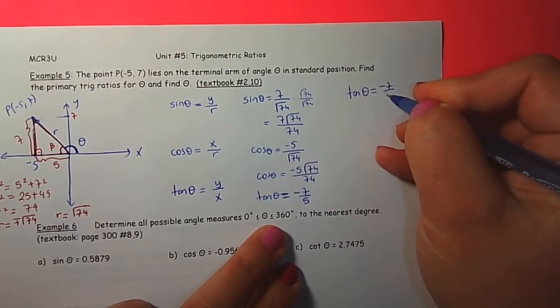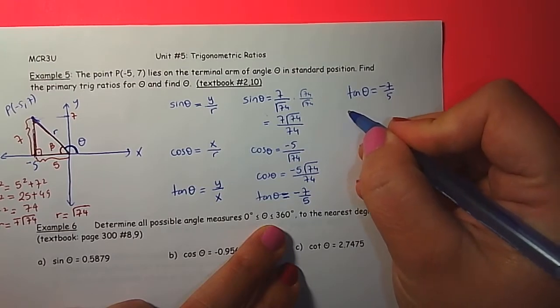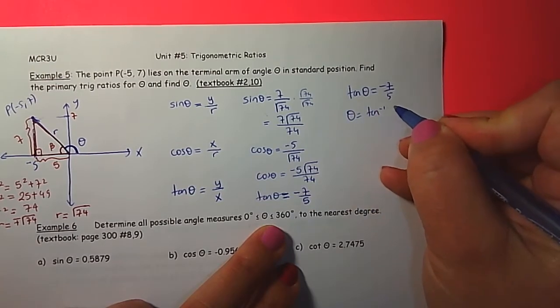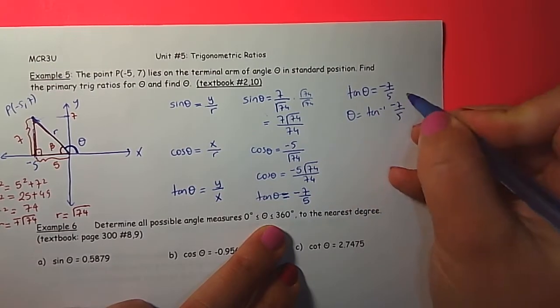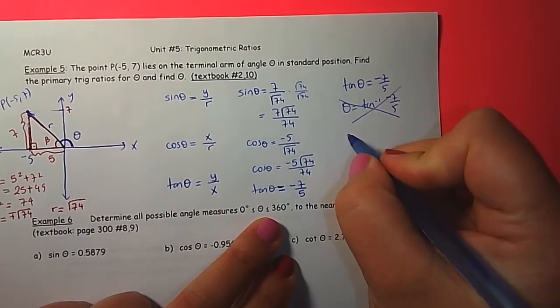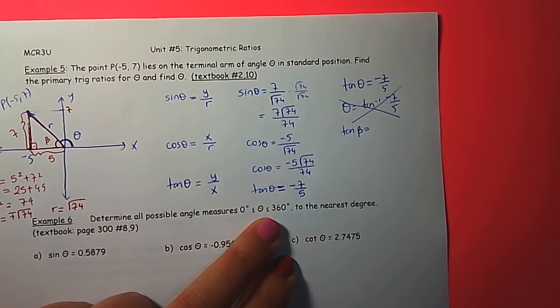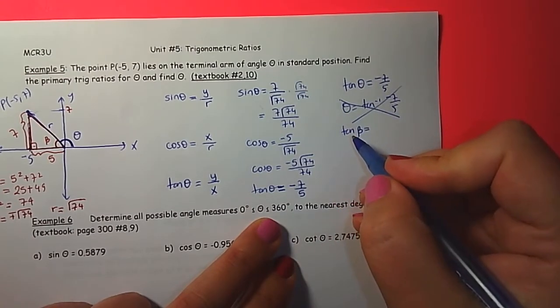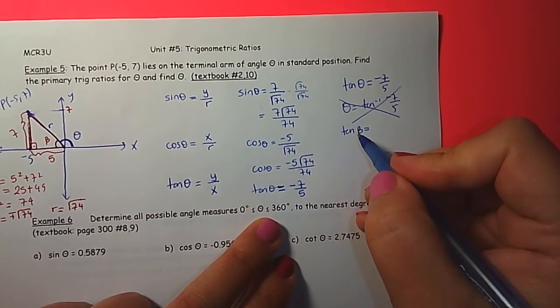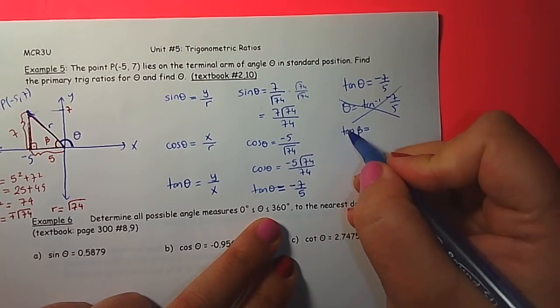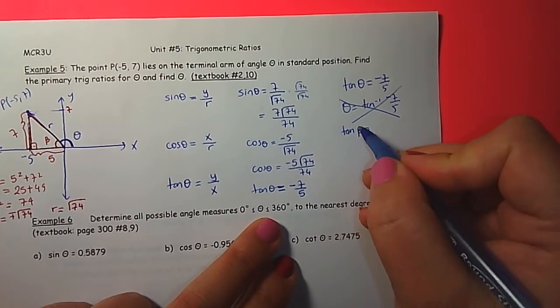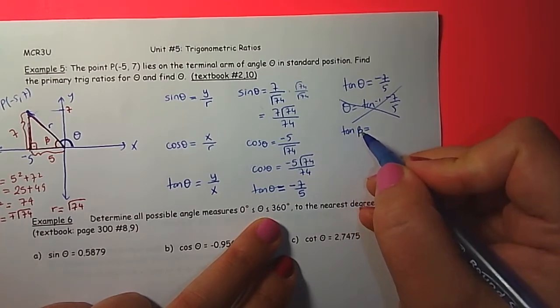I'm going to use this, but I'm not going to do tan inverse of negative 7 over 5. Instead, I'm going to get the ratio for the related acute angle. Trigonometric ratios for related acute angles are always positive, because beta is an acute angle.